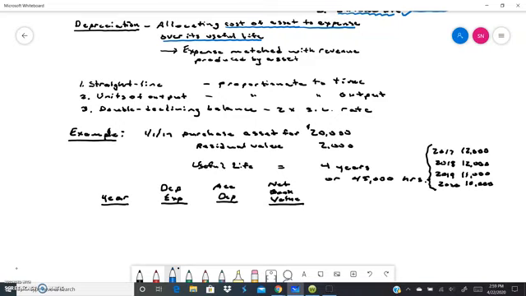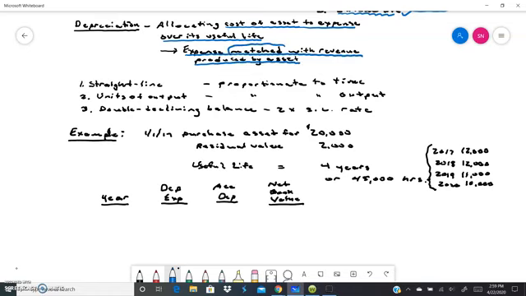So we record depreciation expense of $200. If we do that for 5 years, we've allocated the full $1,000 of that cost over the 5 years that the equipment has produced revenues. Then what we've effectively done is matched the expense associated with the machine with the revenue that was produced by the machine.